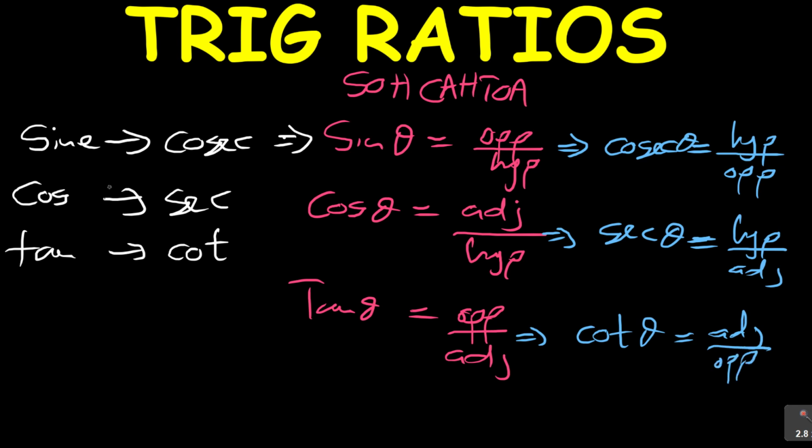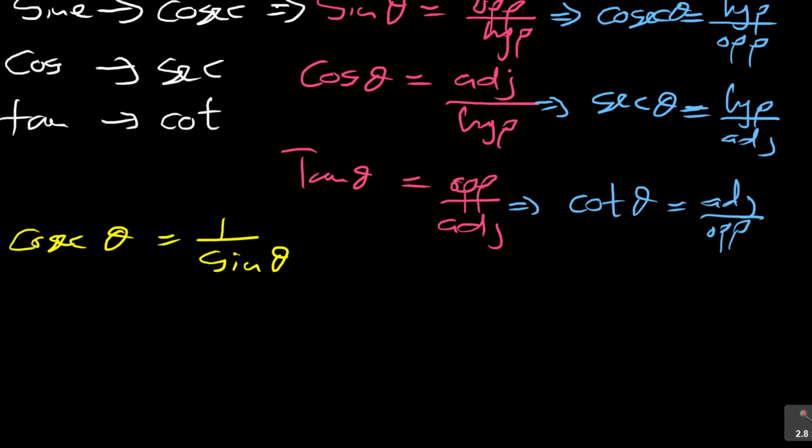Something to note whenever you are dealing with these inverses: when I ask you what is cosec theta, you must know that it is 1 over sine theta. Are you with me? So even if I ask what is sine theta, you must know that it is 1 over cosec theta.